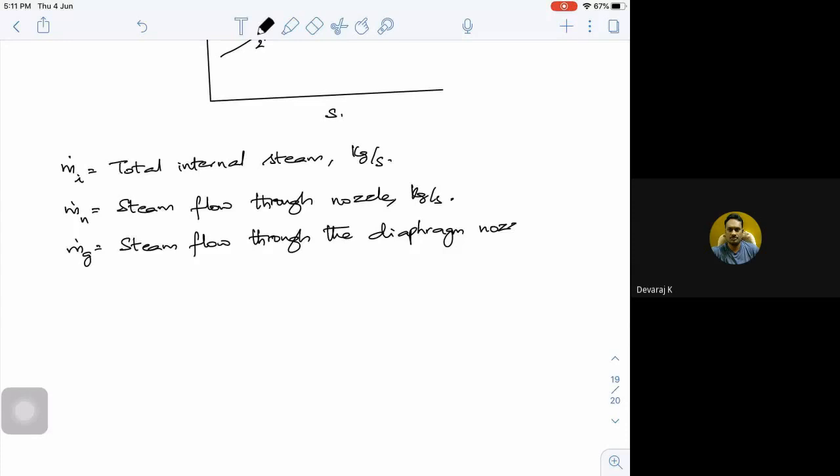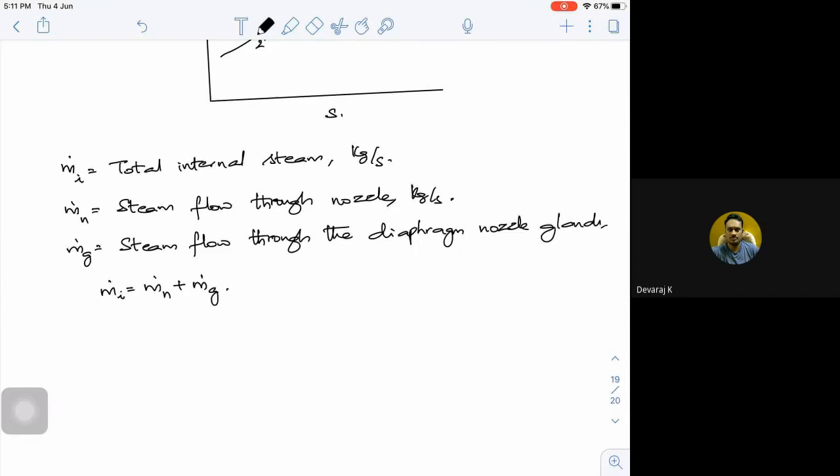So what will be the total mass flow? It is the summation of the mass flow going through the nozzle plus the mass flow going through the gland.